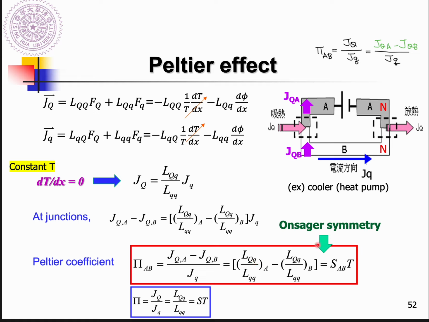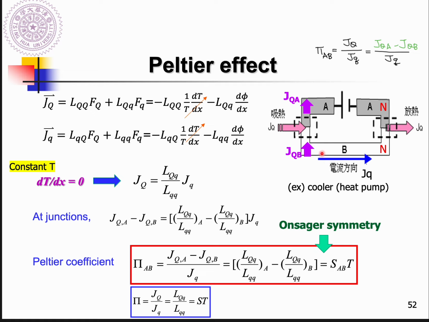Based on the Onsager symmetry principle, L capital Q small q equals L small q capital Q. Based on this, we can write down the Peltier coefficient equals S_AB times T. So we successfully link the Peltier coefficient with the coupling and direct coefficient terms, and it is also highly related to the Seebeck coefficient. And this is a pair: pi_AB or S_AB means the pair of material A and B.